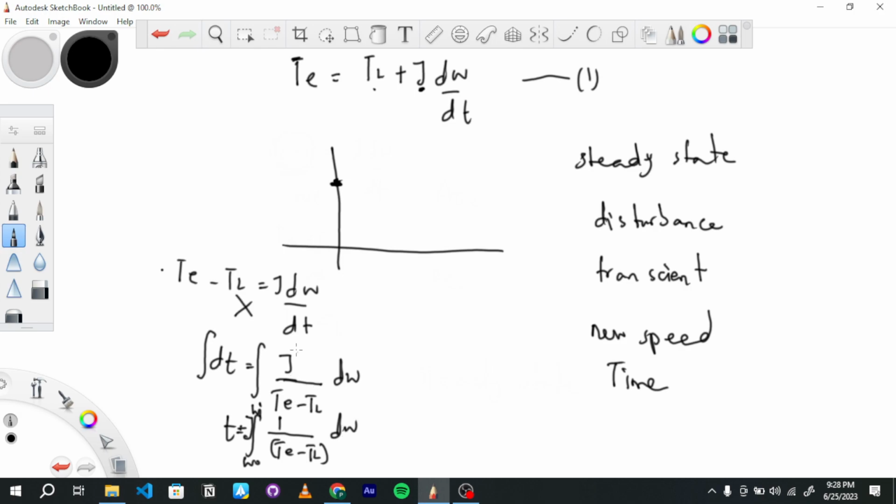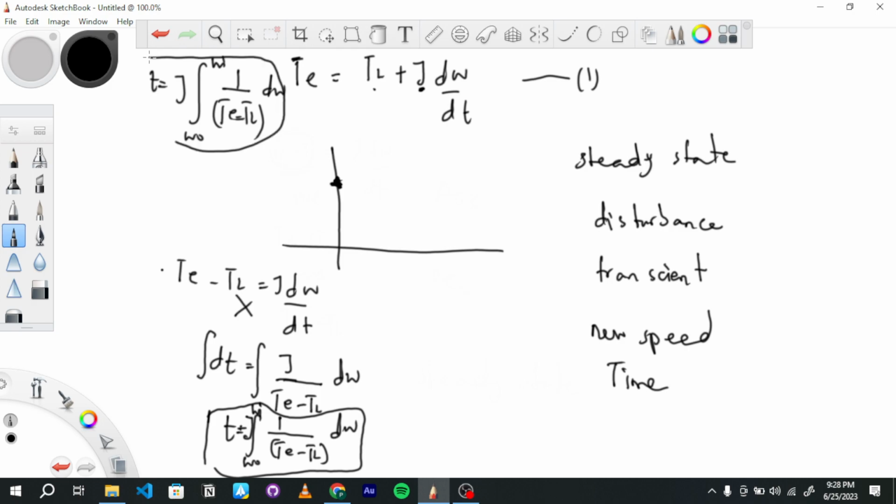So now, the time taken for the drive to move from a particular speed and settle at a new speed, undergoing some transient stage, is given by this formula here: t is equal to J integral from omega naught to omega 1 of 1 over TE minus TL d omega. This is it here.